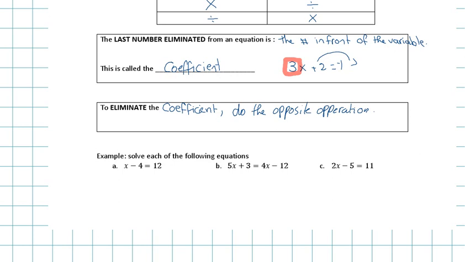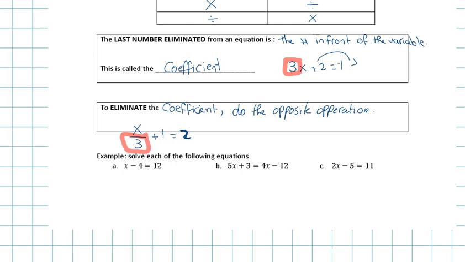But in other cases, if you have something that looks like this, for example, right? What kind of operation do I have here? What's happening here? Division.